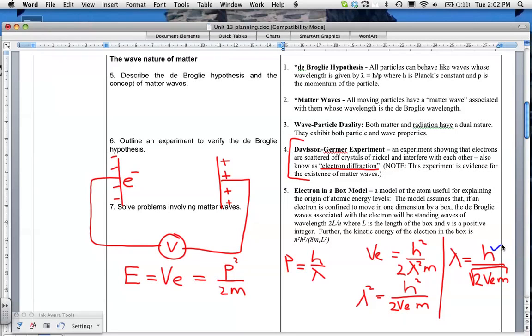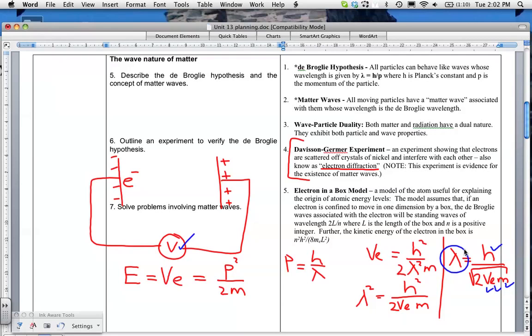Now, if we set it up in an experiment, all of these quantities are known. h is known, V is known because one knows that from the experimental setup. We know the charge of an electron and we know the mass of an electron. And so the wavelength, or the supposed wavelength of that electron, should be known.